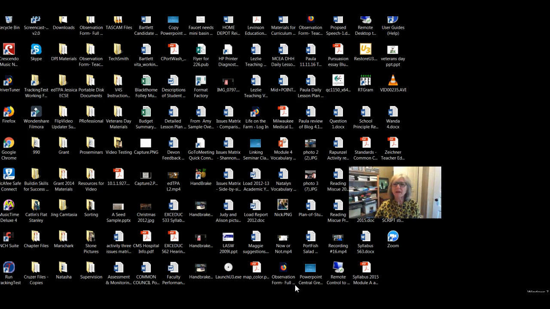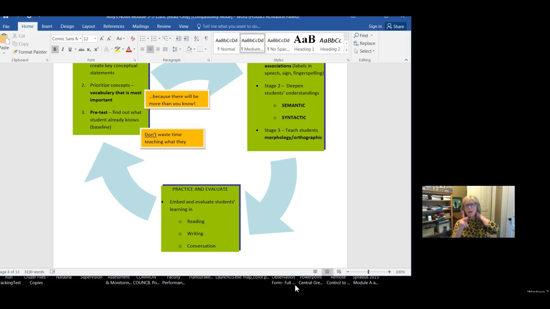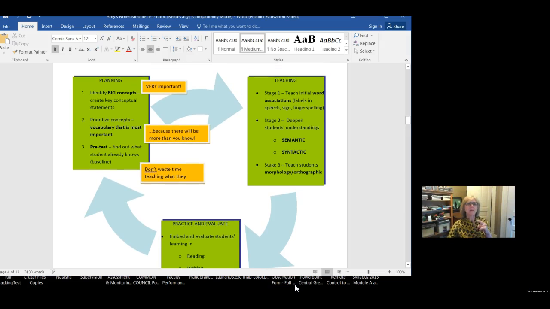Okay, so now we talked about where I'm planning. The second step is you need to select the individual words that you want to teach. But you can't teach all of the words. There are so many that often a student doesn't know.